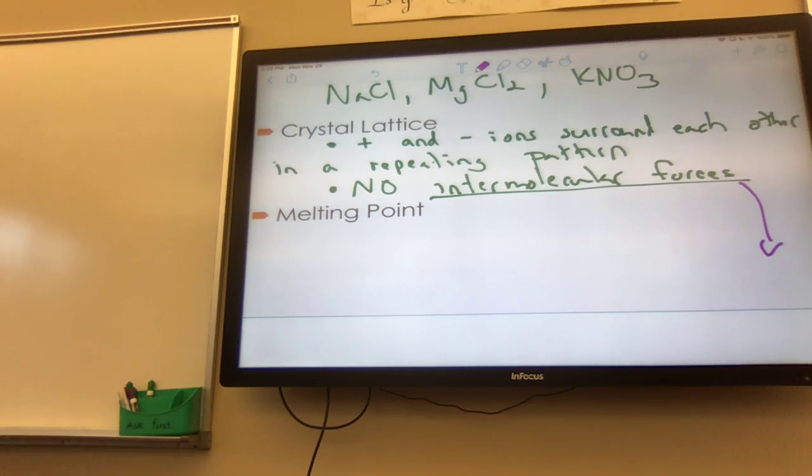Okay, one more thing to say about this crystal lattice, not about the intermolecular forces, that line looks confusing, is that the crystal lattice is a way for them to maximize the attractive forces between ions and minimize the repulsive.